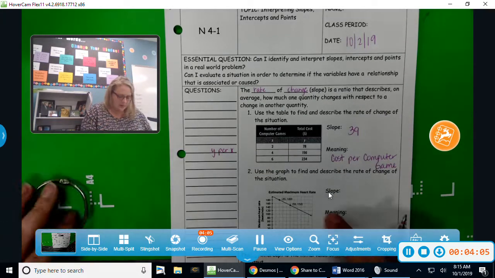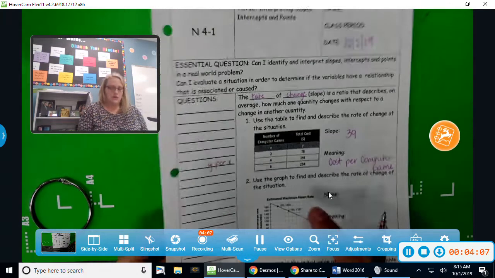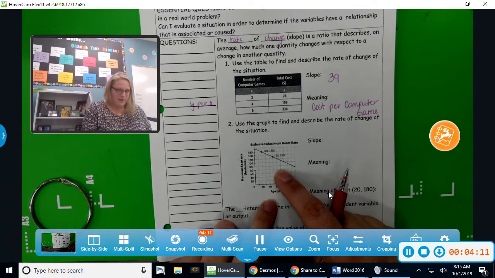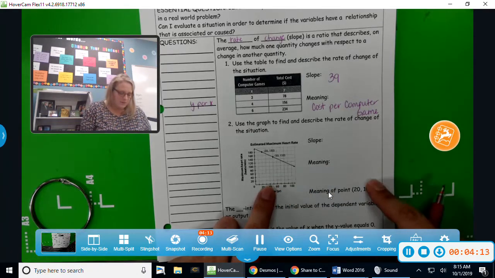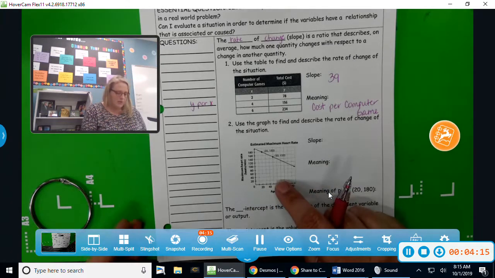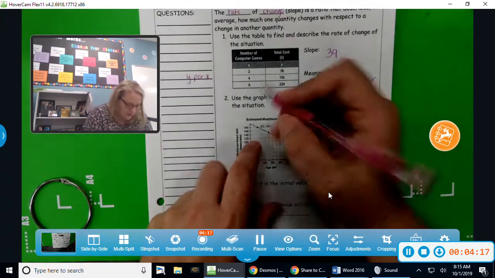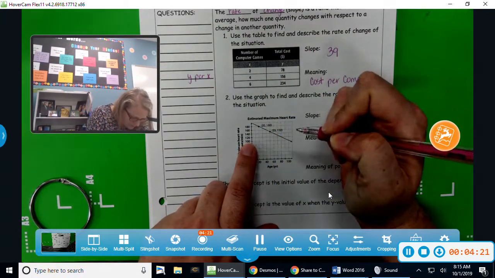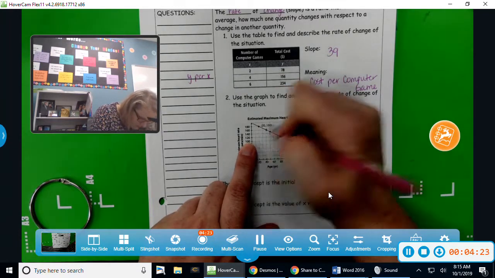So the next problem situation, it gives you a graph, and you're going to find the slope of it using the graph, okay? Then we're going to talk about what it means. So looking at a graph, you have to first find good points, and they're nice enough here to give you good points. Well, that's not a good point, but we're going to use this one right here, okay?